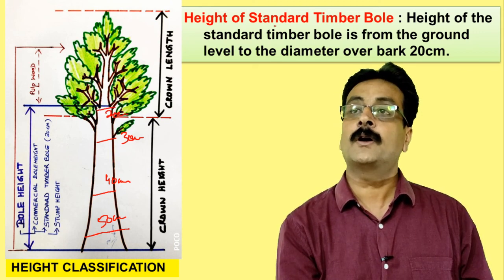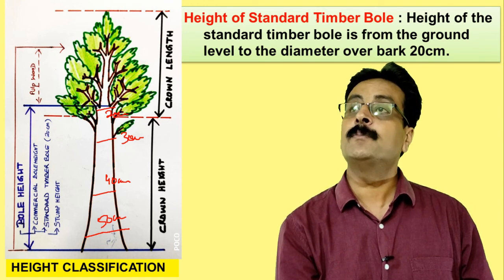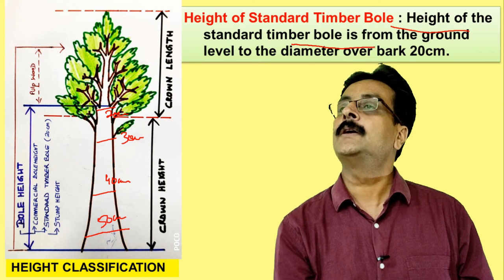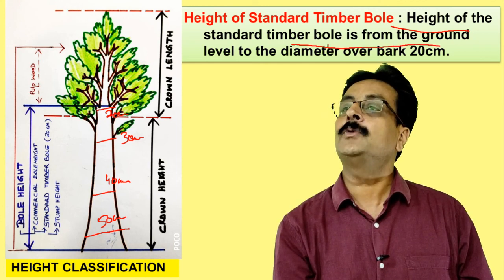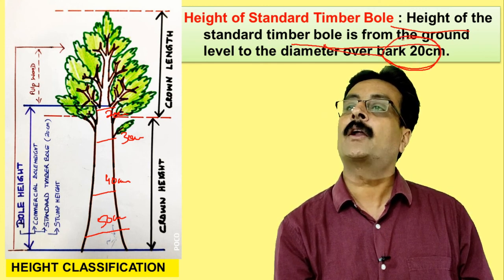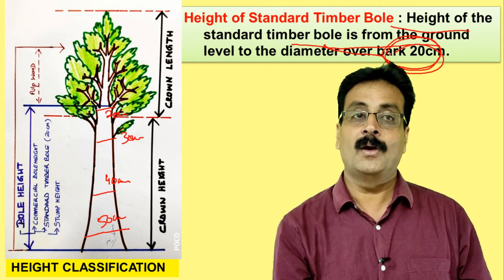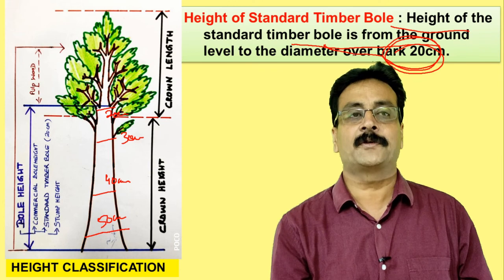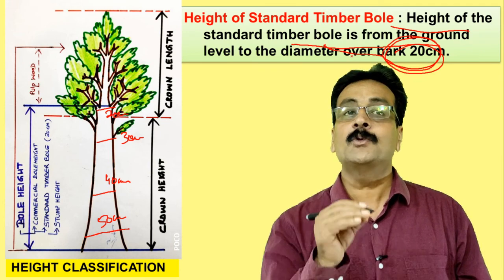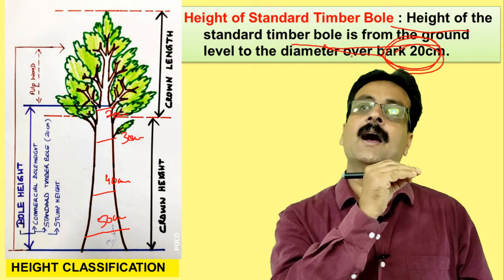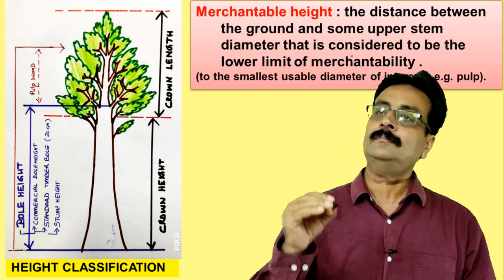So the definition is: height of a standard timber bole is the height from the ground level to the diameter over bark of 20 centimeter. This is the standard definition. We should remember that it is up to 20 centimeter above bark. Up to that we can say height of a standard timber bole.